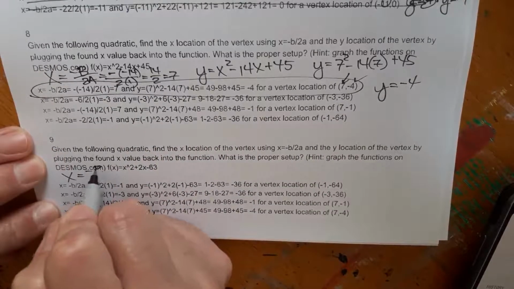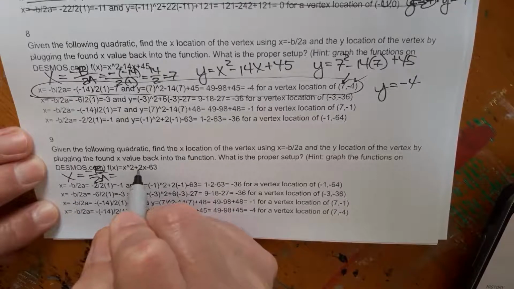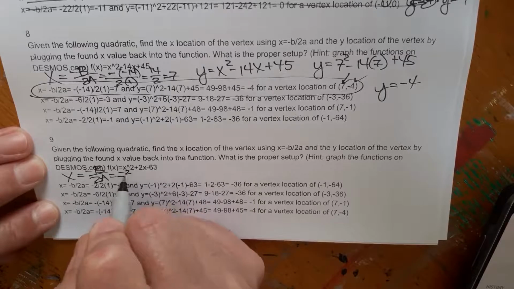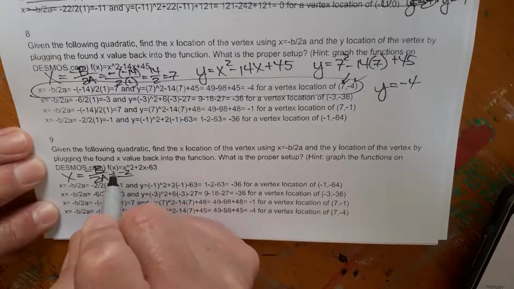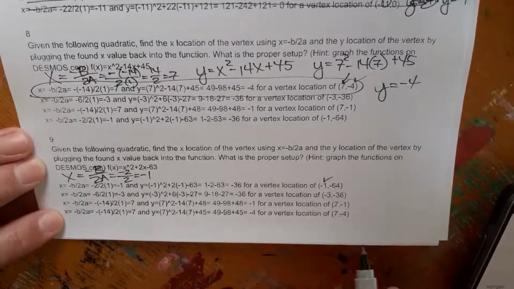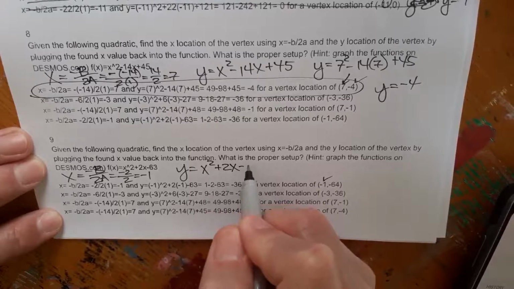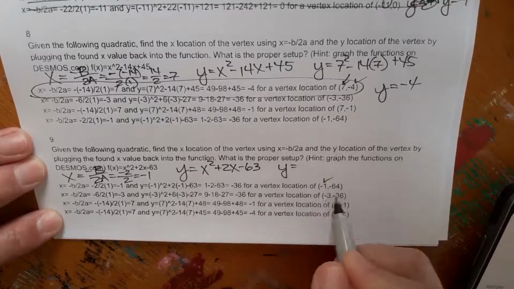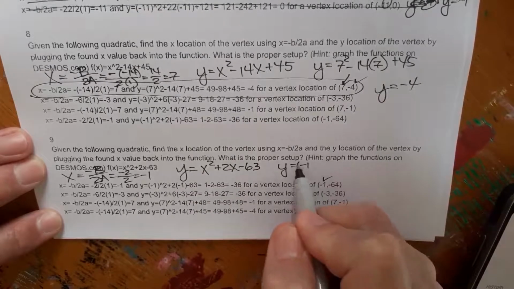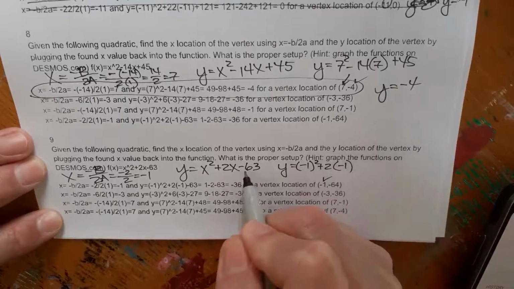X equals negative b over 2a, which equals negative b is a negative 2 right here, so negative 2 over 2a, which is 1, over 2, equals negative 1. Check. Y equals x squared plus 2x minus 63. Y equals, we said negative 1 for x, square it, plus 2 times negative 1, minus 63.